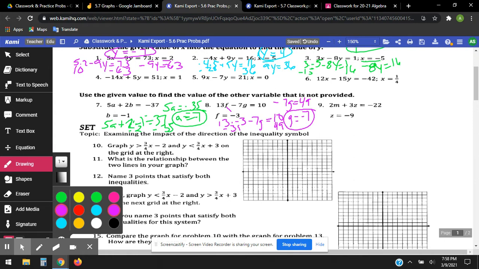And then here we have the z is negative 9. So 2m plus 3 times negative 9 equals 22. So that's negative 27. So if I add 27 over here, then I get 27 is 49.